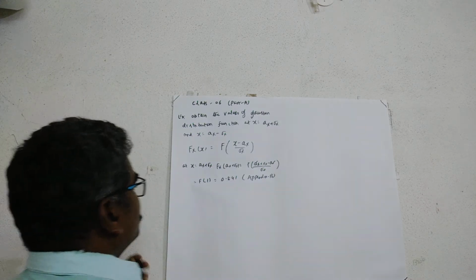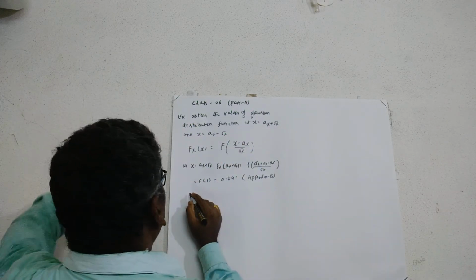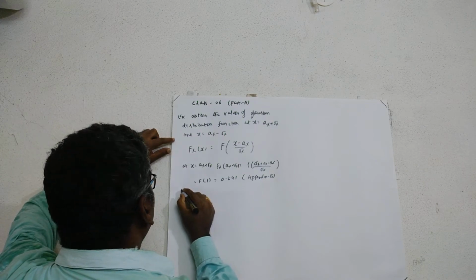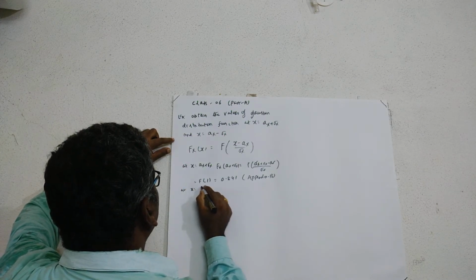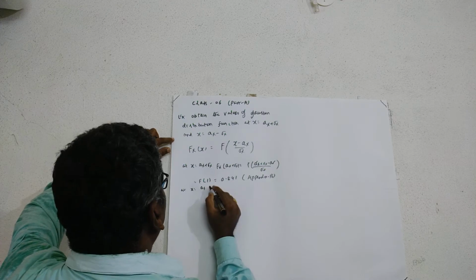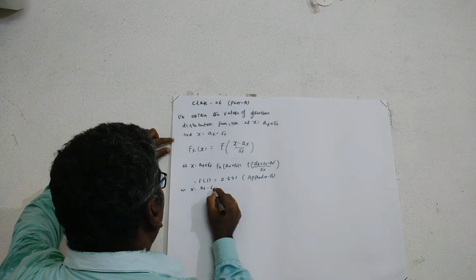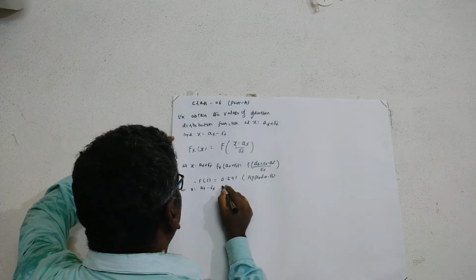Next, at x equal to ax minus sigma x, what is it after substitution?